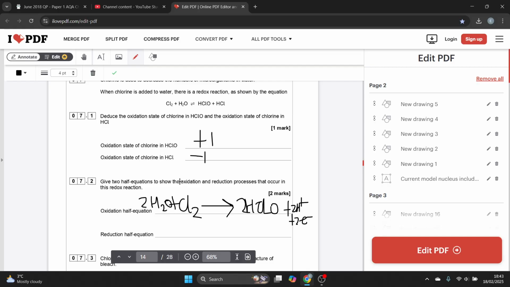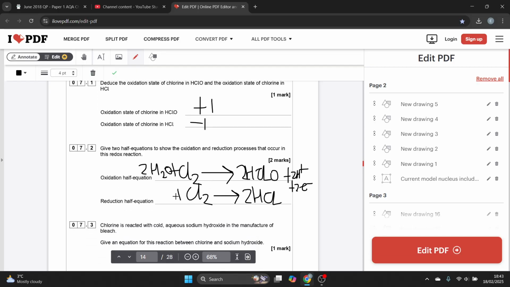Then the reduction half equation, I'm going to go from chlorine to HCl. So we'll go from 0 to -1. That's reduction. Well, first things first, I've got 2 chlorines here, so I need a 2 here. Then I've got 2 HCl here, so I need to add a water molecule here.